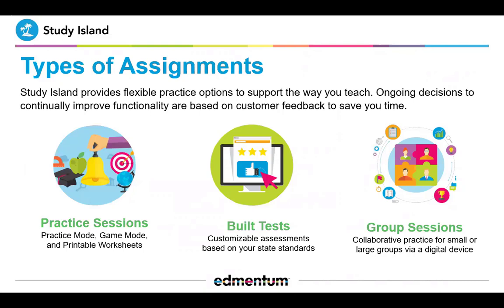However, you can assign it as many times as you like, whereas practice sessions, students can go into multiple sessions and kind of increase their cumulative score and also see their best score. So if you want a more hardline assignment where students don't really get any feedback exactly, which is what built test does, then you would want to choose a built test.